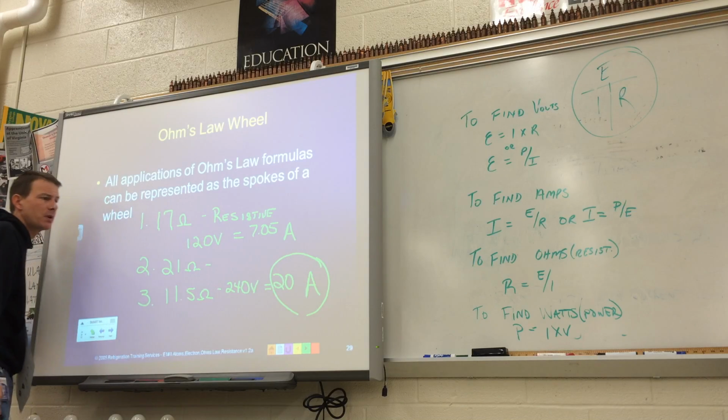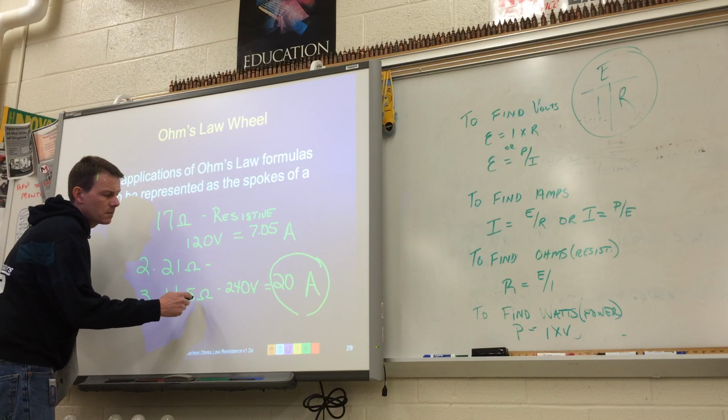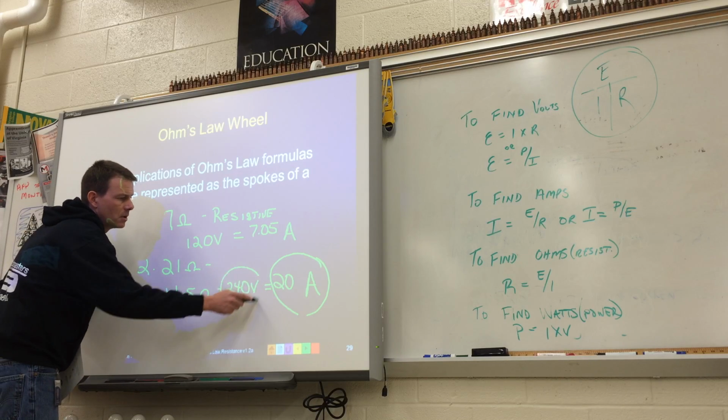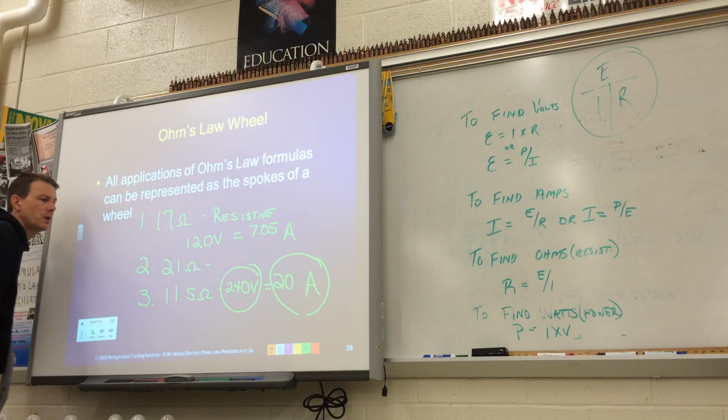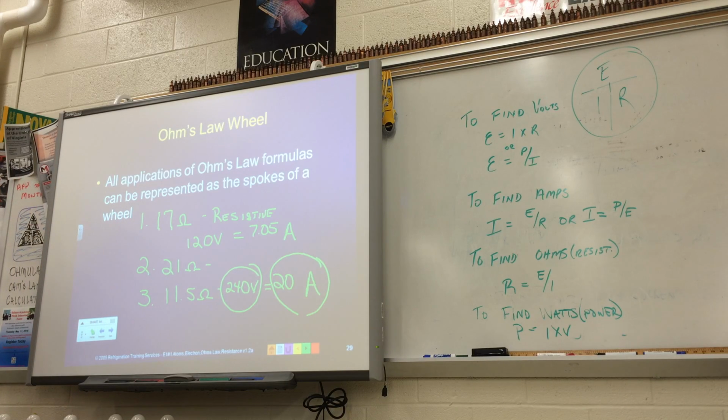So we're going to take the amps and multiply by the volts. 240 times 20? How many watts is this? 4,800.